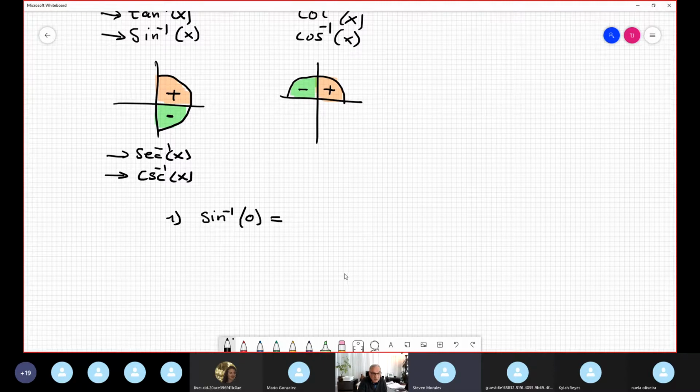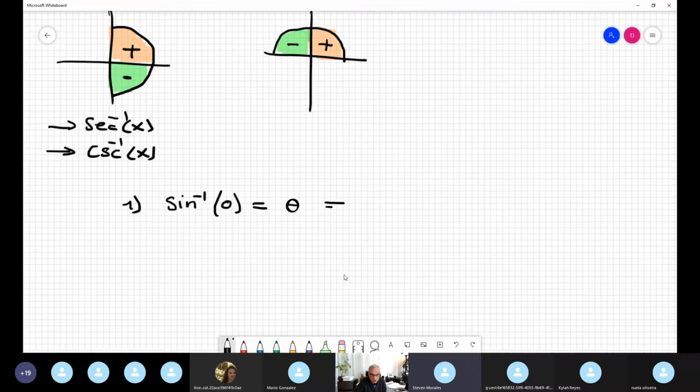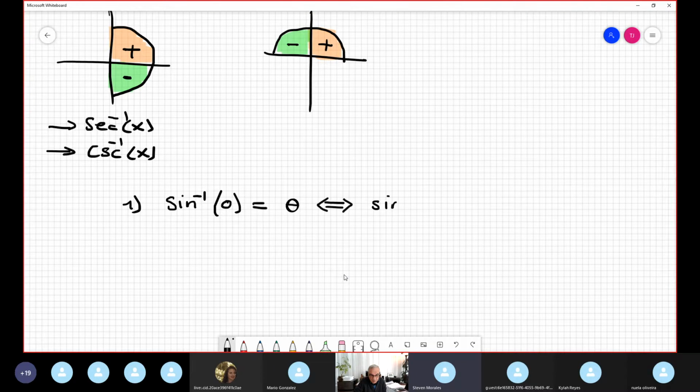What is the idea? The thing I try to find is sine inverse. Sine inverse gives me an angle. You put theta like an angle. Immediately I am familiar. Theta is an angle. I switch to another equivalent idea que es sine theta equals 0. Entonces, what is the angle whose sine is 0?